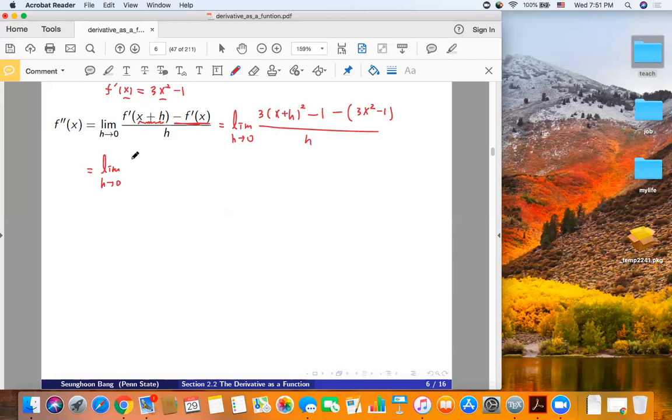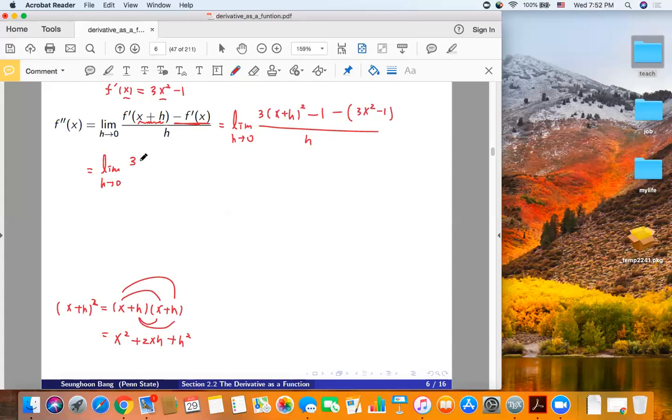So keep going. Limit as h approaches 0. What is x plus h squared? We can calculate here. x plus h squared is x plus h times x plus h. You can use the FOIL rule. x times x is x squared. x times h plus h times x is plus 2xh. h times h is h squared.